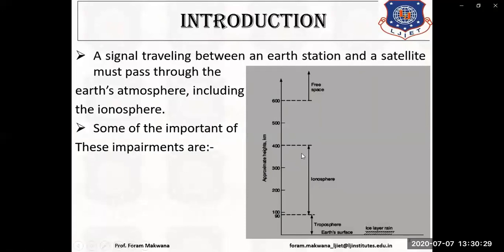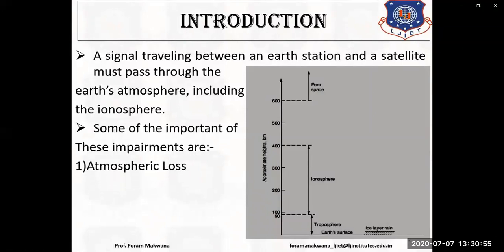So, when a signal travels through different layers of atmosphere, it will cause attenuation. Then, what are the different impairments of this attenuation?